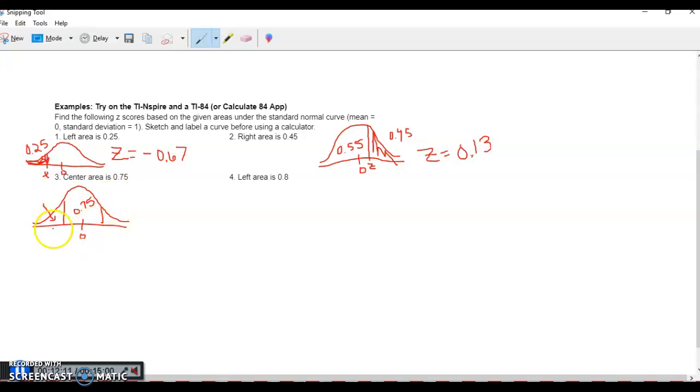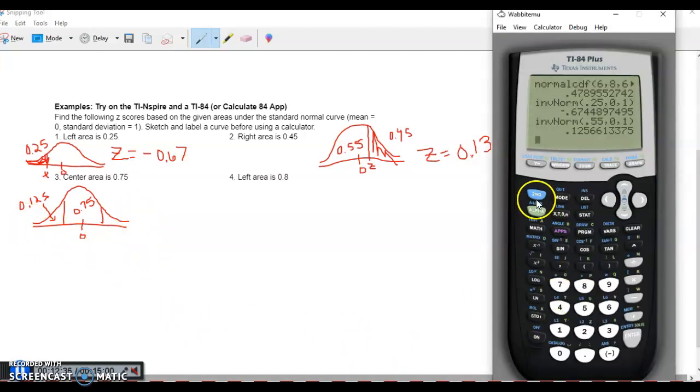These two tails consist of 0.25, so that means this area has to be 0.125, if that makes sense. Again, I'm just manipulating things I know about the curve. I know the whole area is 1, so if 0.75 is accounted for, that means 0.25 is left over. I only want this guy, not both the tails, so that's 0.125.